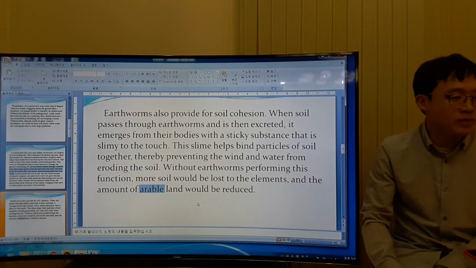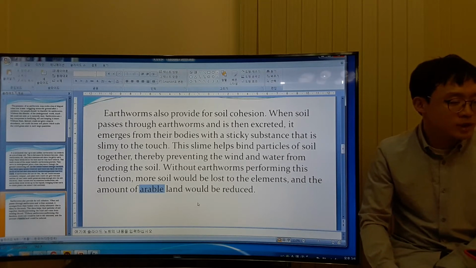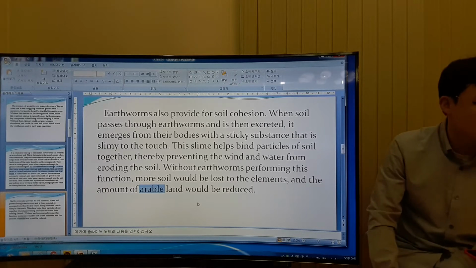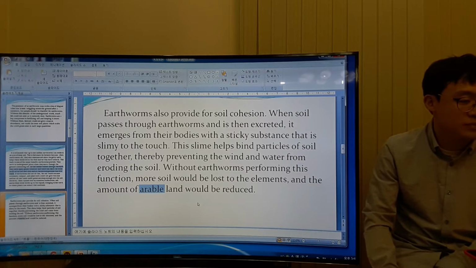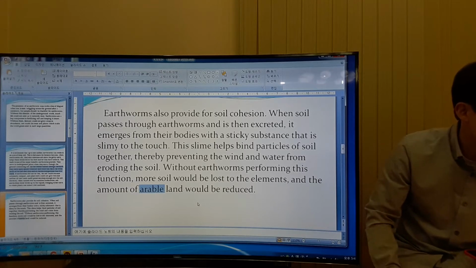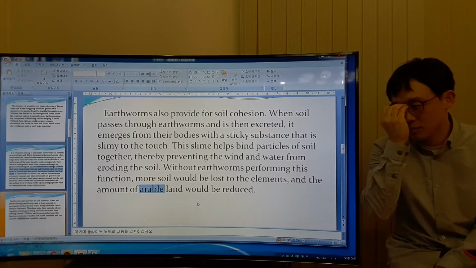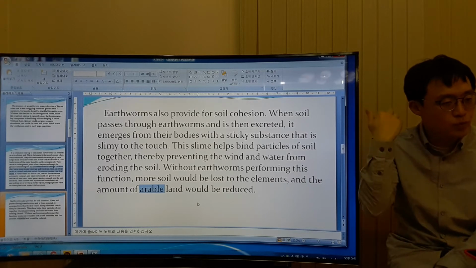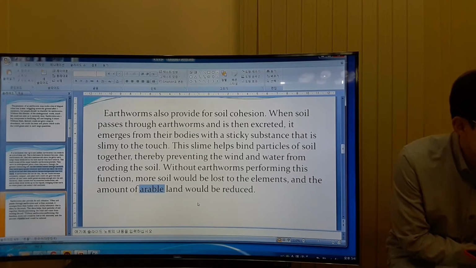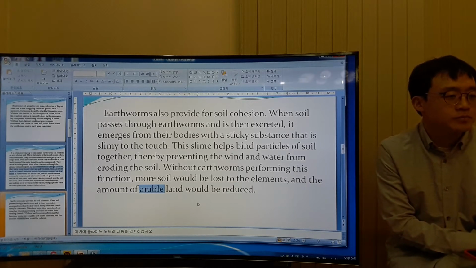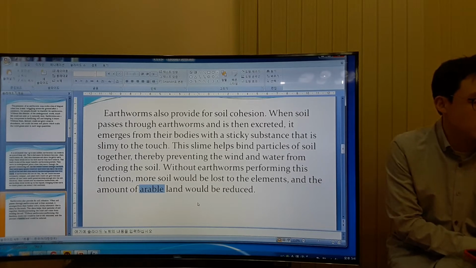And without the earthworms doing this job, more soil would be lost because of the weather and the amount of land where you can grow crops would be less in quantity. Particle is a small part, right?